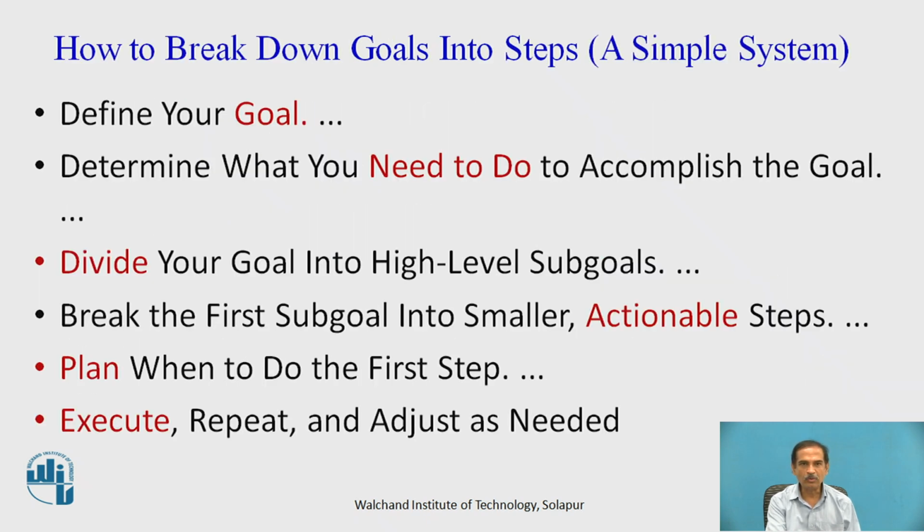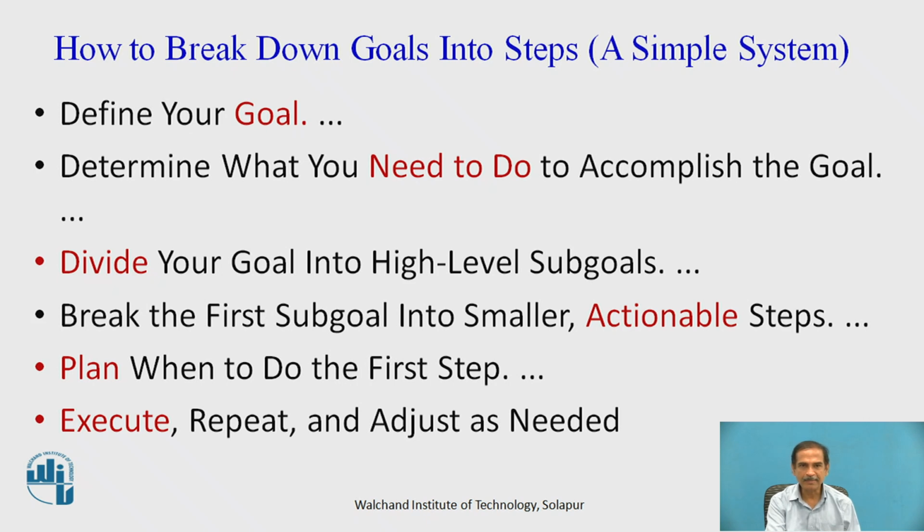How do we break down these goals into steps or simpler systems? So you define your goal, you determine what is needed to accomplish your particular goal. Then you divide your task into high-level sub-goals. You may have n number of sub-goals.